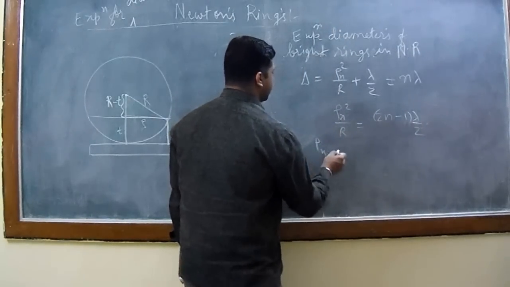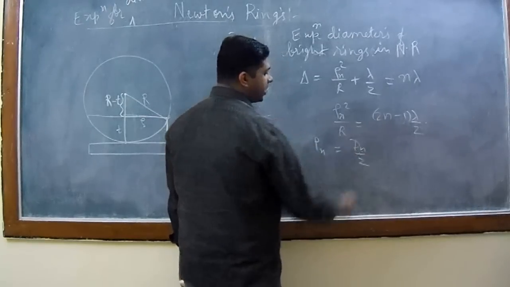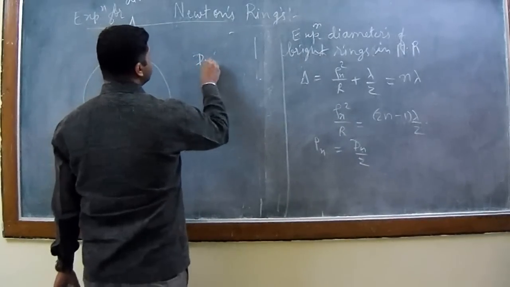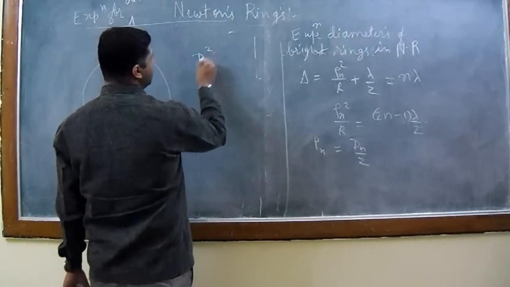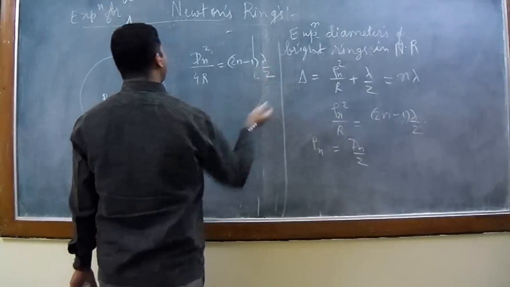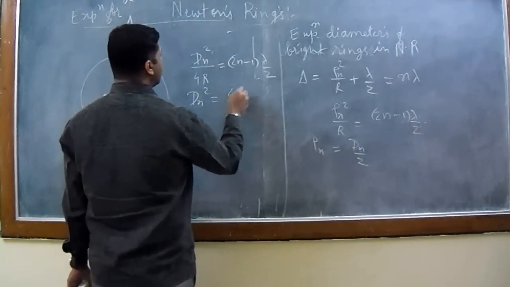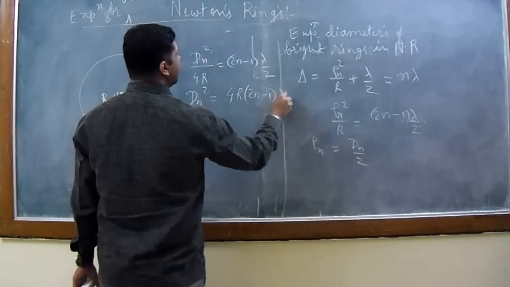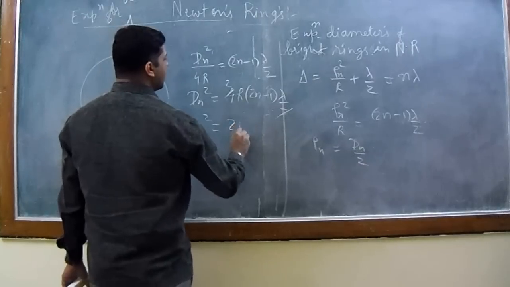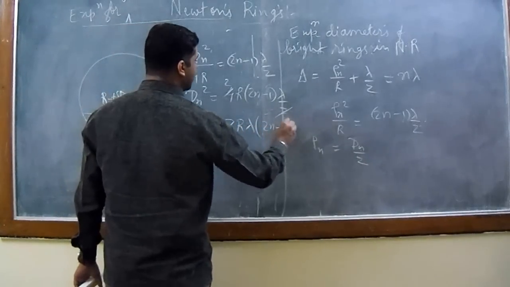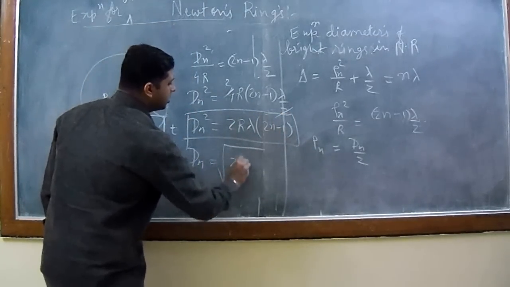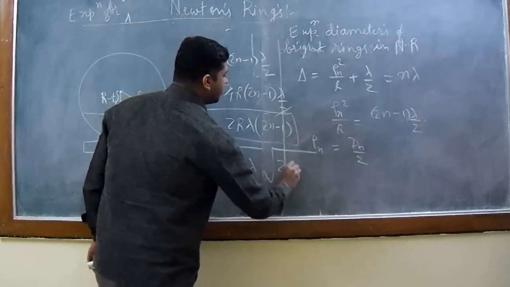But rho n is dn by 2, where dn is the diameter of any nth bright ring, and hence dn square upon 4r is equal to (2n minus 1) lambda by 2, or dn square is equal to 4 r into (2n minus 1) lambda by 2. 2 goes off, hence dn square is equal to 2 r lambda into (2n minus 1), or dn is equal to square root of 2r lambda into square root of (2n minus 1).